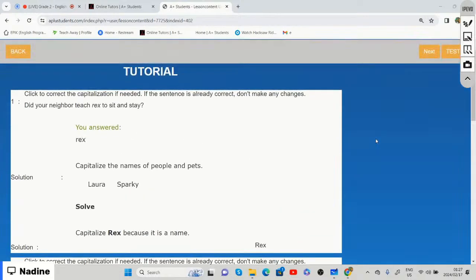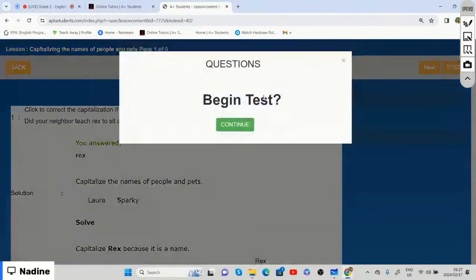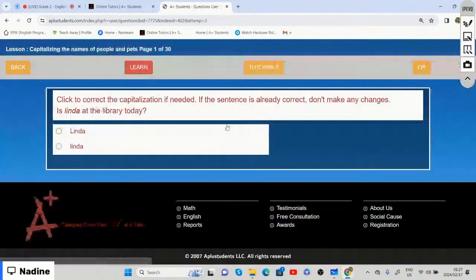All right, now we're going to our test, right? Where we are going to be capitalizing the names of people and pets. So we need to, for example, select and correct any changes that need to be made within the sentence.